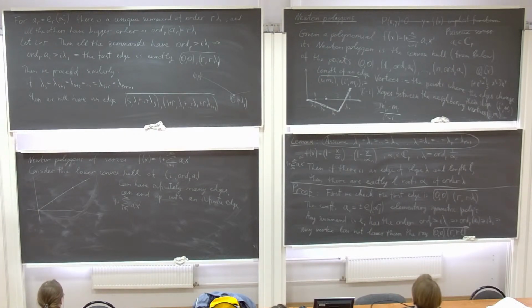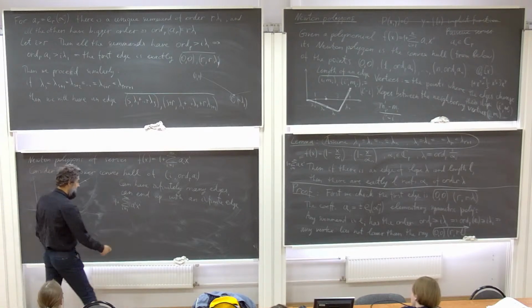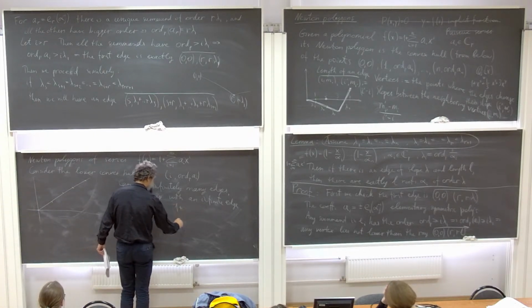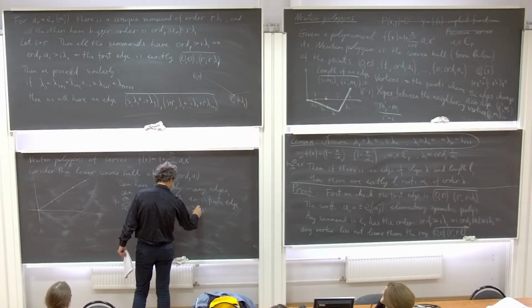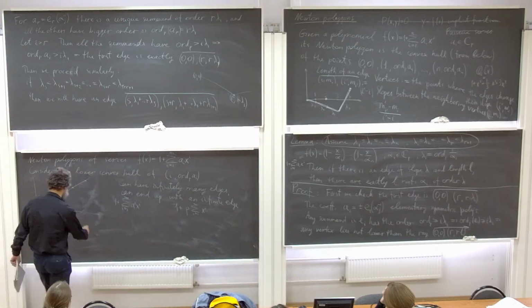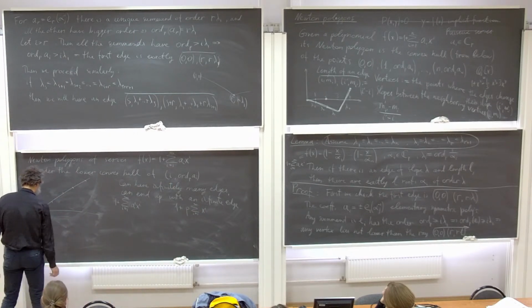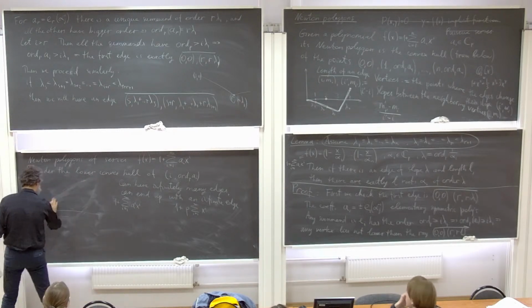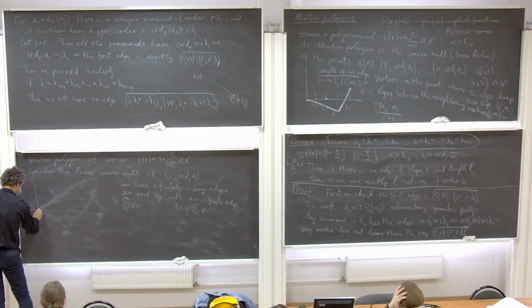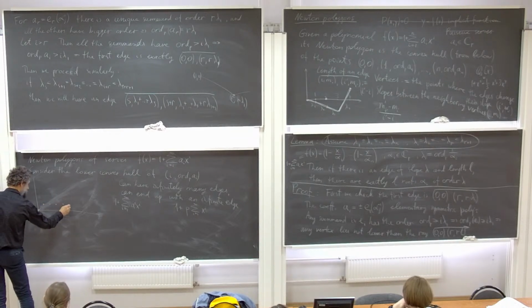What else can happen? Well, 1 plus the sum of x to the I, so then how will it look like? We'll have this point, and then the points like that.